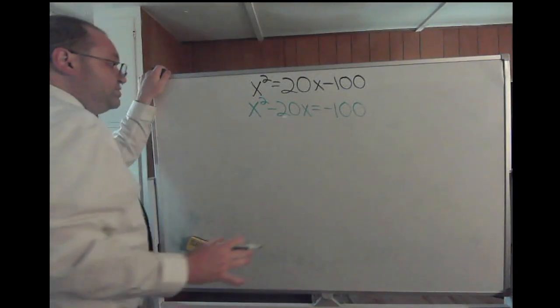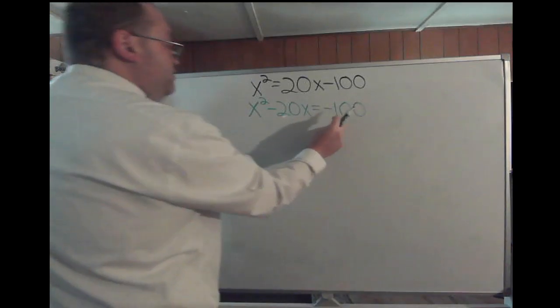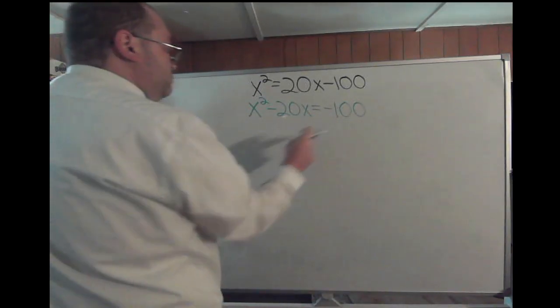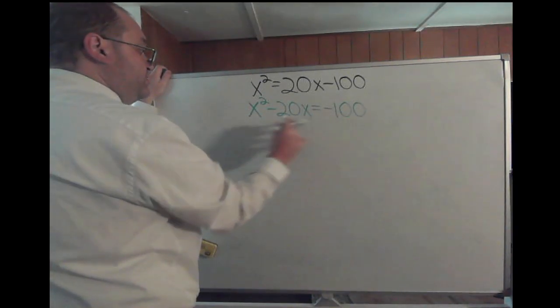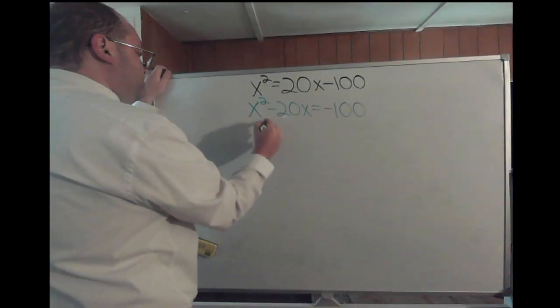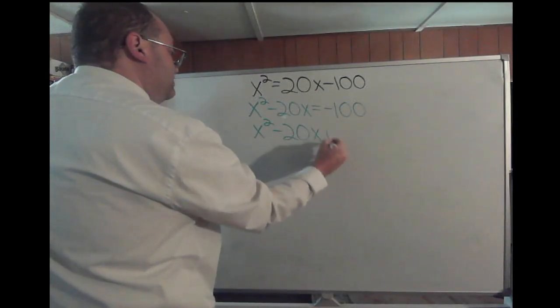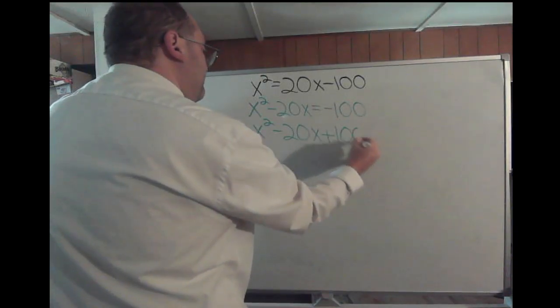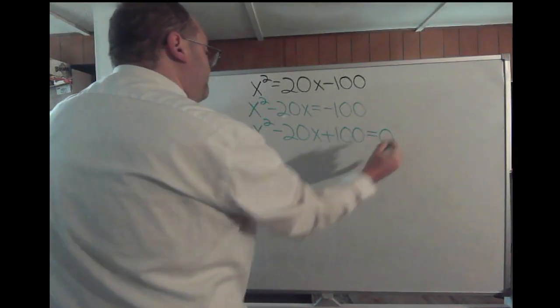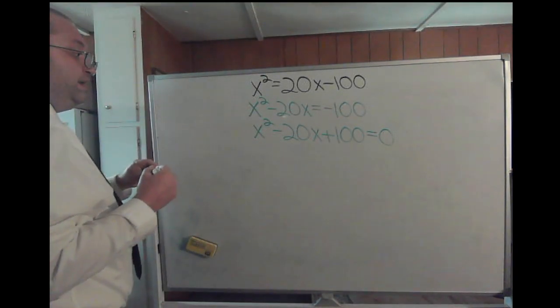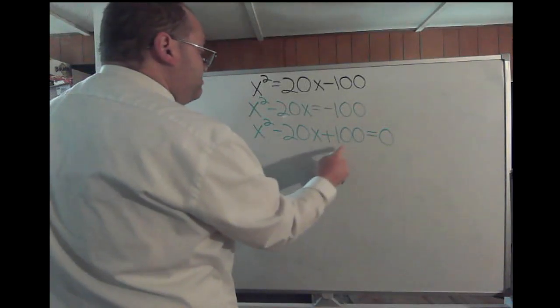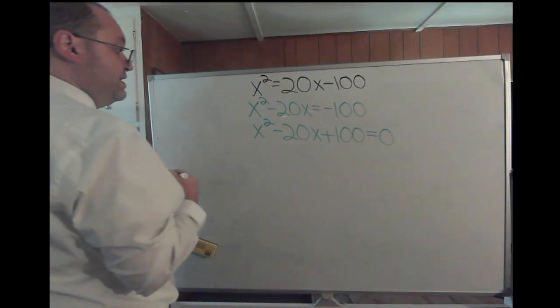We're a step closer. Now you need to get that negative 100 out of the right-hand side, make it equal to 0. So you got to add 100 to both sides. You would get x squared minus 20x plus 100 equal to 0. Now we can go ahead and factor x squared minus 20x plus 100.